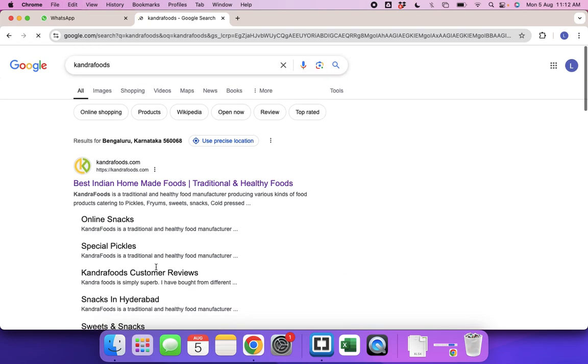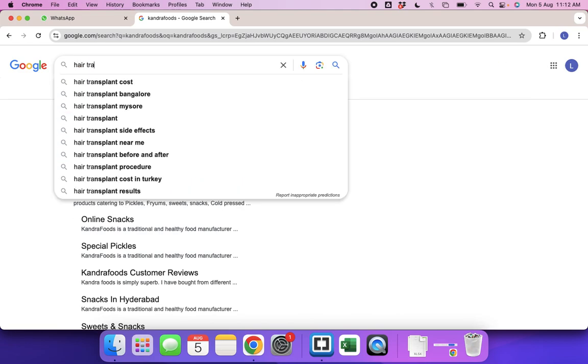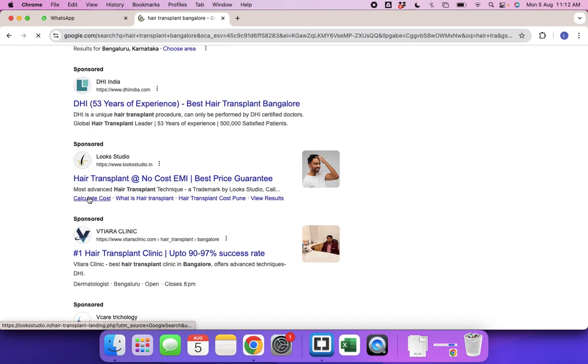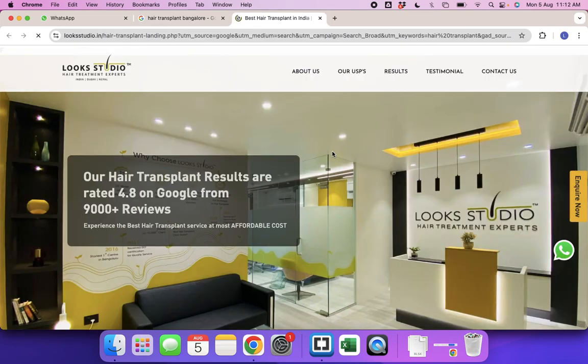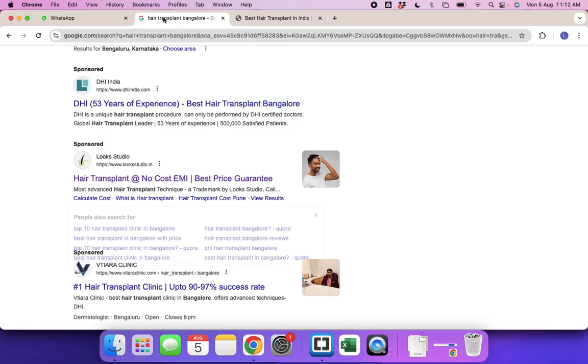Other links, apart from the main ad, you see so many other links, right? You understood what are site links?